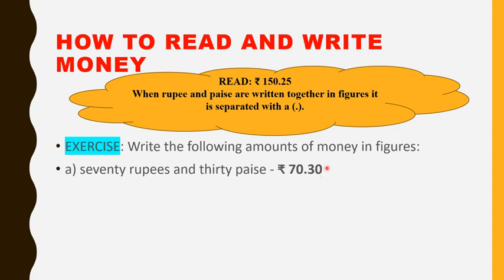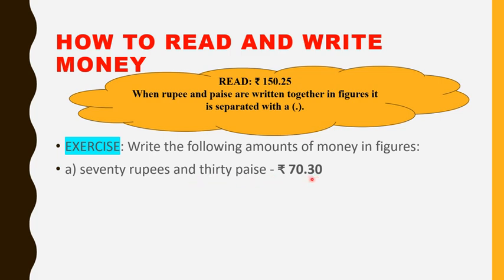We will not write paise over here, okay, because after the dot whatever number you are writing to the right side, that is expressing paise only. So you don't have to write paise again. So we will write only rupees 70 dot 30.